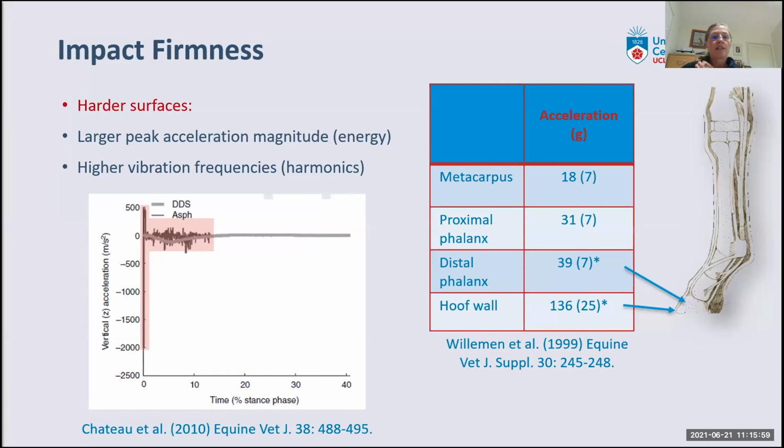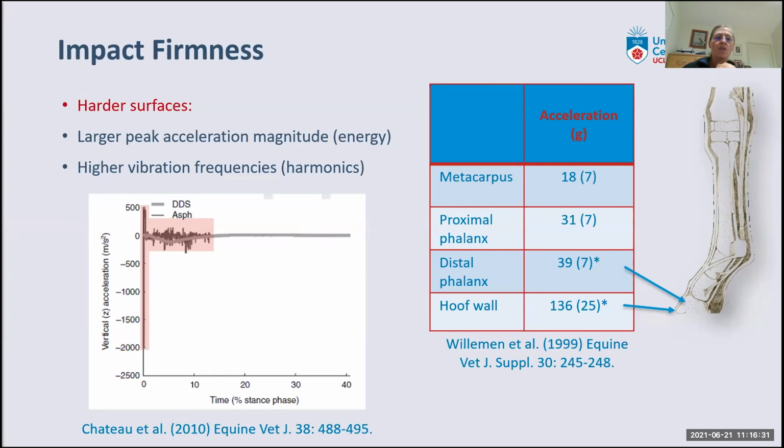So you can see that on this hard asphalt surface, you've got a peak deceleration or a peak acceleration, if it's measured with the accelerometer, of 2,000 meters per second squared, which if we convert that into G's, divide by 9.81, is going to be somewhere around about 200 G's as a peak, as opposed to about a tenth of the size on deep, dry sand.